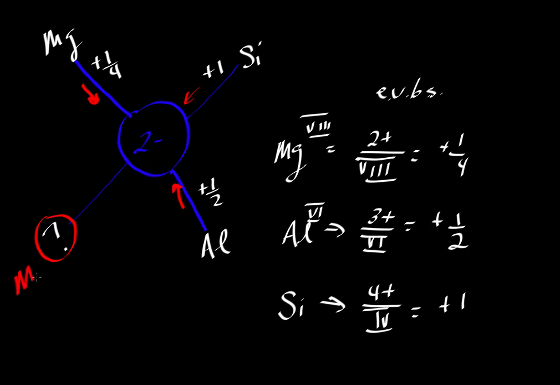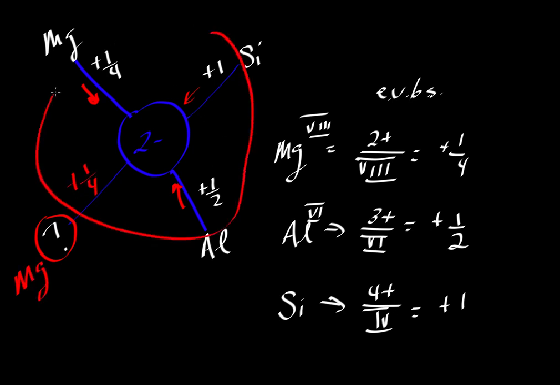But what if we put a magnesium over here and we add a +1/4? Well, then all of a sudden, all 4 of these will now have a positive charge of +2 that now matches the negative charge on the anion. So in this case, we would say that magnesium is the most likely fellow to be put into this slot.